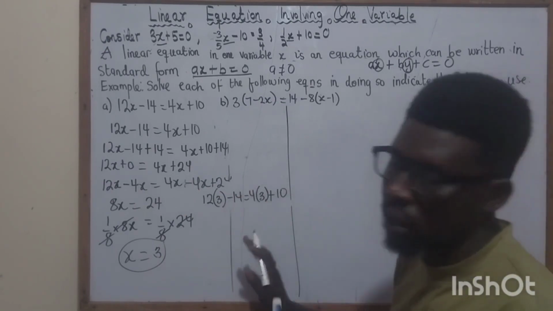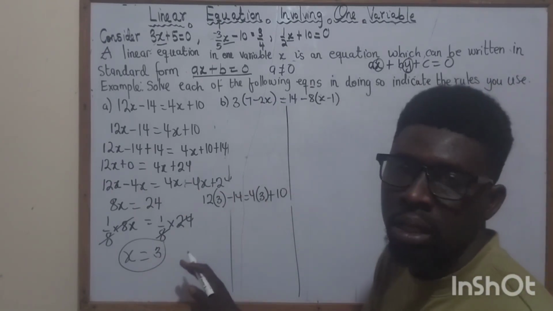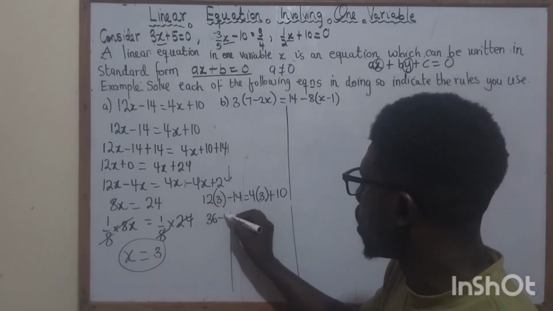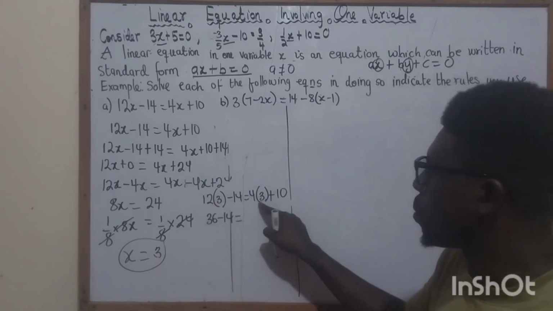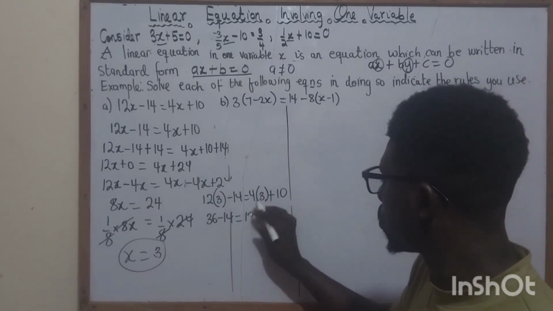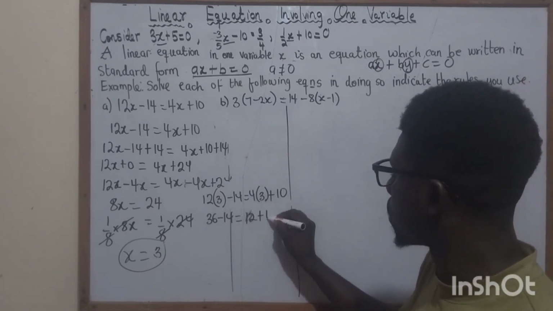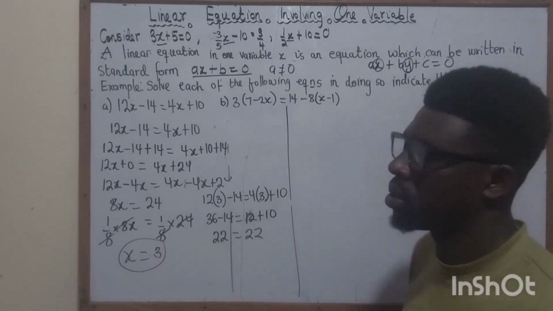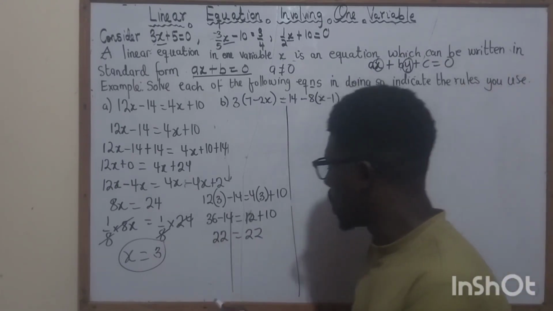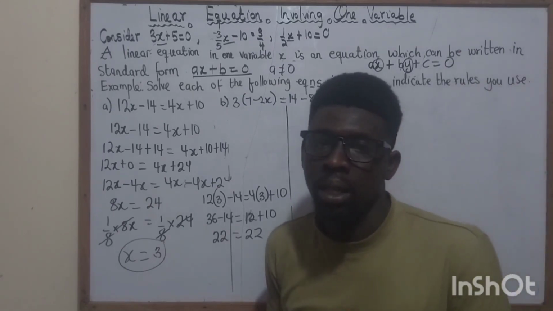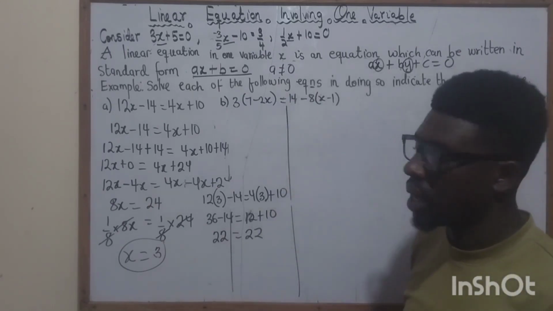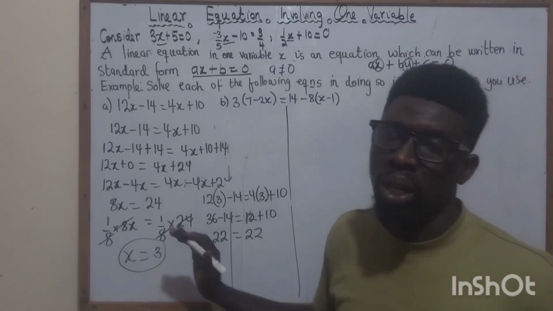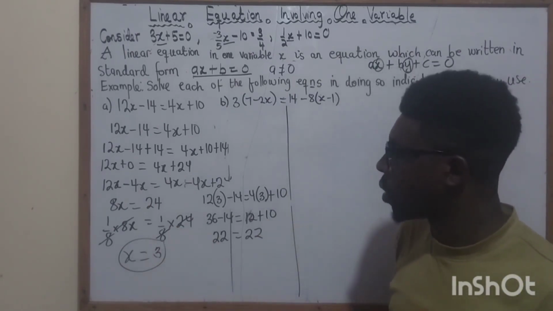We want to find out whether x equal to 3 is true. This is going to give me 36 minus 14. 4 times 3 will give me 12, so 12 plus 10. This gives me 22, and this also gives me 22. Hence, the left-hand side is equal to the right-hand side, making the equation a balanced equation. That tells us that our statement is really true. x is equal to 3.